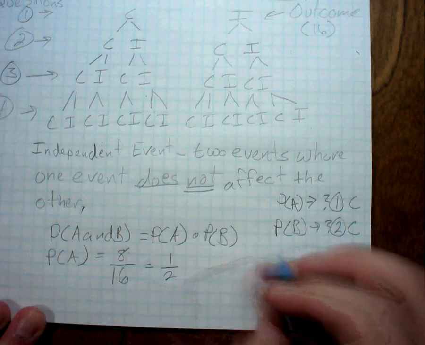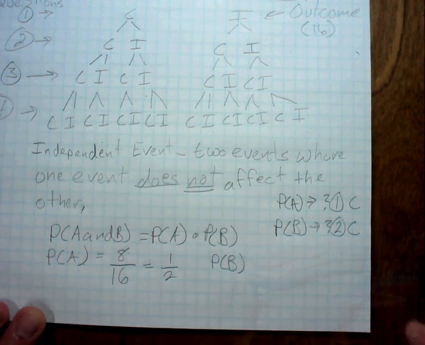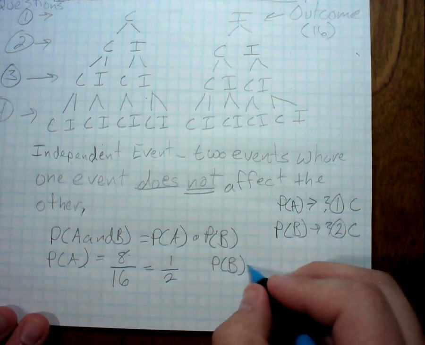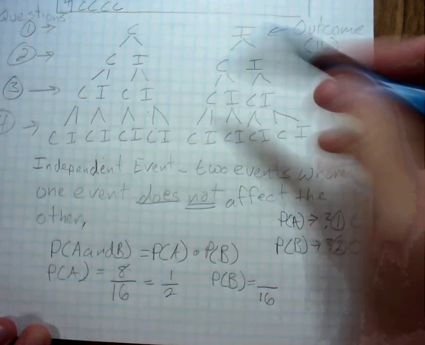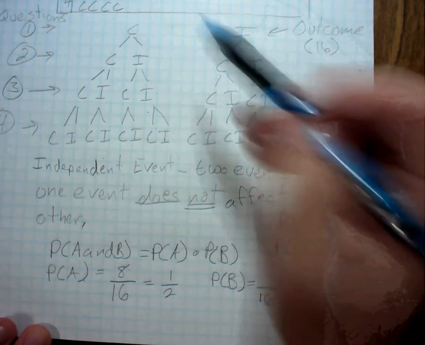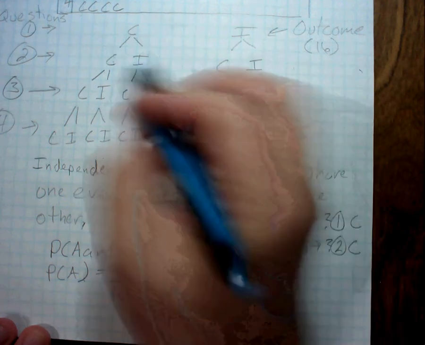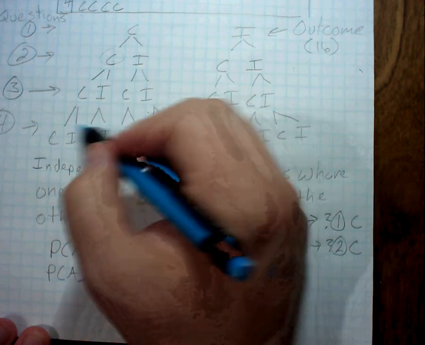Now the probability of B is guessing that the second question is correct. Again, my sample space is 16. We could look at the data, or we could just look at this probability tree. My second question being correct would be this one, and then everything that branches off of that.